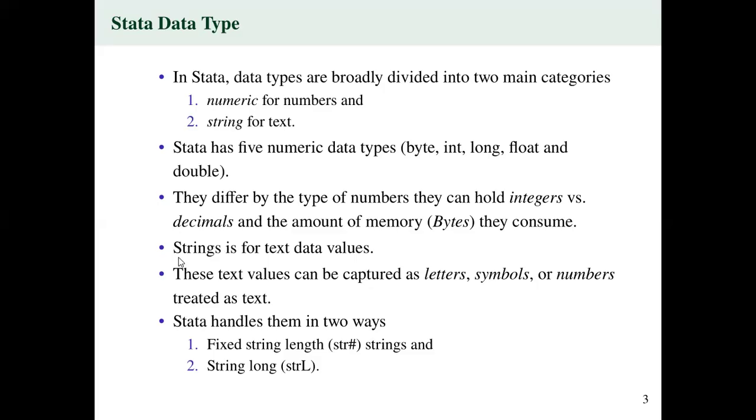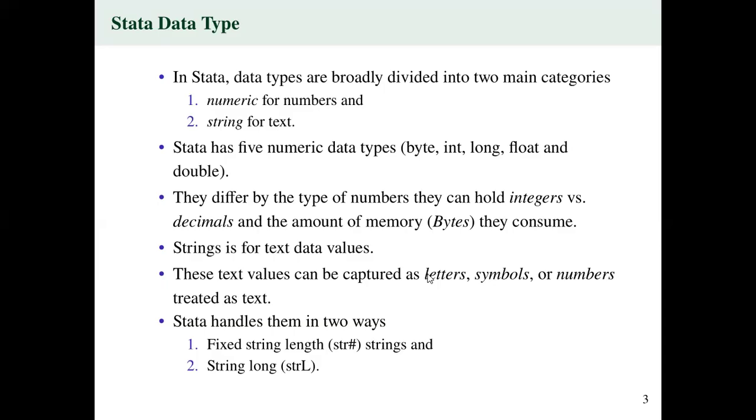As for the other part, it is string. String is reserved for text data. So any kind of text data will be captured as a string. Now we have native strings. These include all forms of letters, wherever the value is captured using alphabetical letters from A to Z. That is by nature text data.